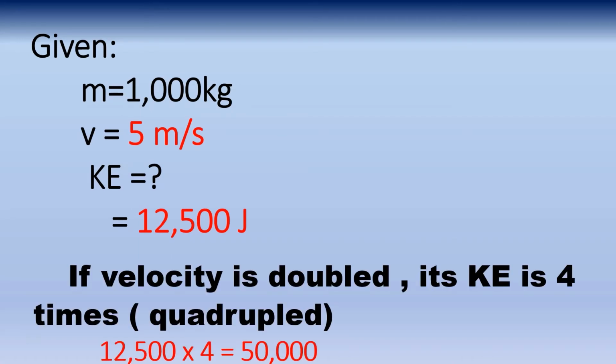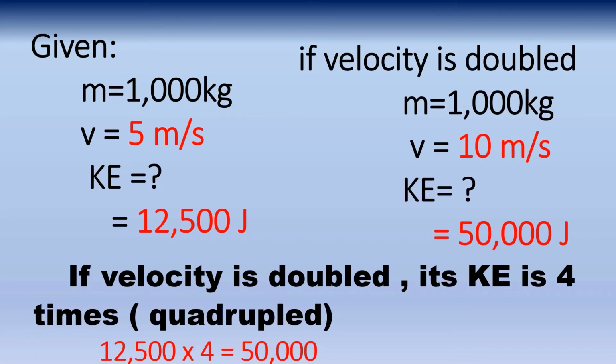Okay, so let's compare. If the mass is 1,000 kilograms and the velocity is 5 meters per second, the kinetic energy is 12,500 J. But if we double the velocity, the mass is still 1,000 kilograms and the velocity becomes 10 meters per second, from 5 to 10. The kinetic energy is then 50,000 J. So this 12,500 becomes 4 times.